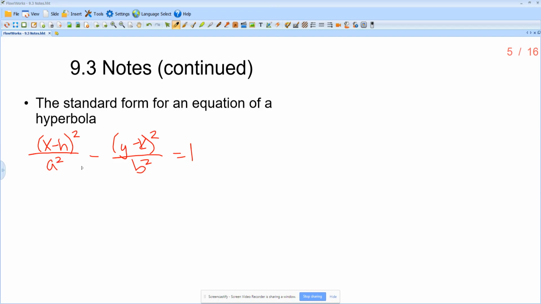So essentially your x and your y are working against each other. This is the case when the transverse axis is horizontal. So think about your horizontal major axis. So you're thinking about a hyperbola that looks like that.